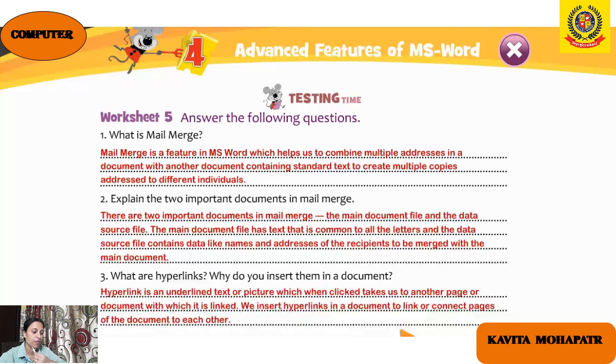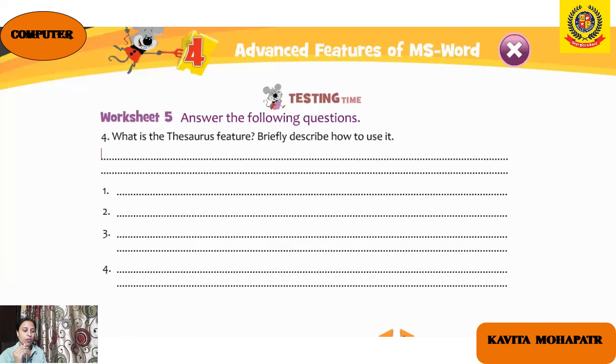Now question number 4. What is the thesaurus feature? Briefly describe how to use it. The thesaurus feature is a tool in MS Word that allows us to find synonyms of a word. We can follow these steps to use the thesaurus feature. First step, select the word in the document to find its synonym. Second, open the Review tab, click the Thesaurus button in the Proofing group.